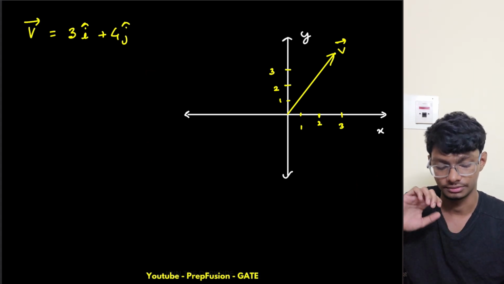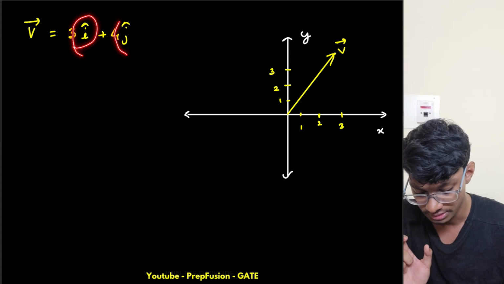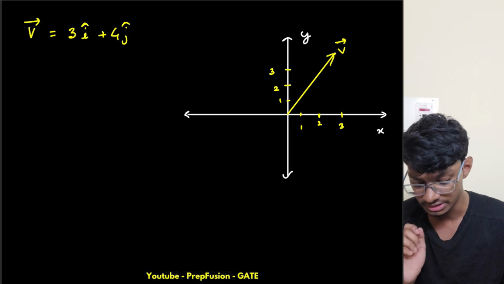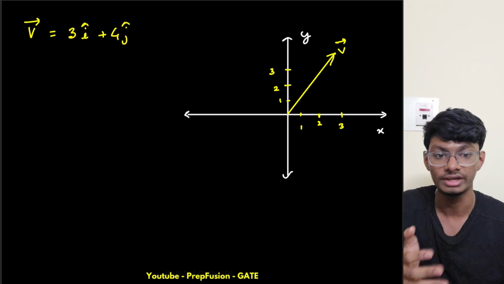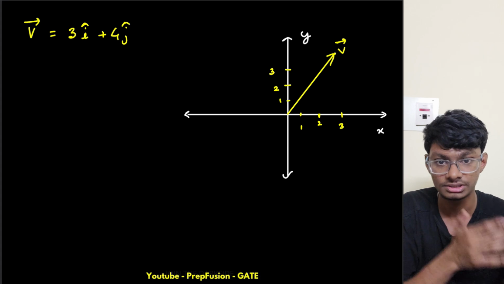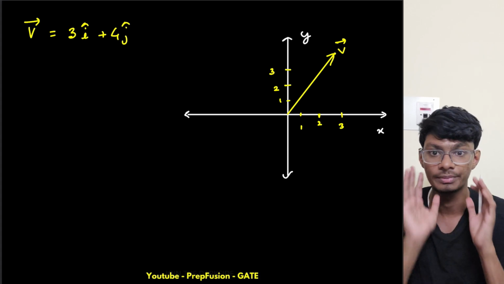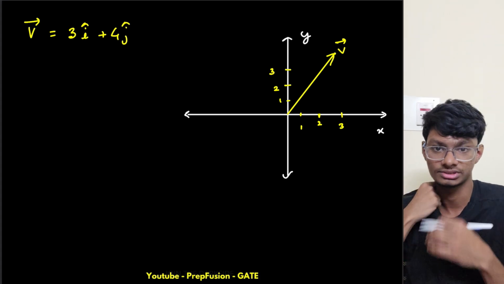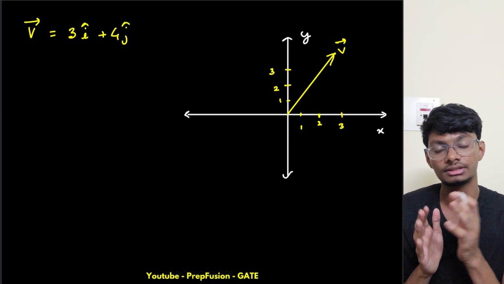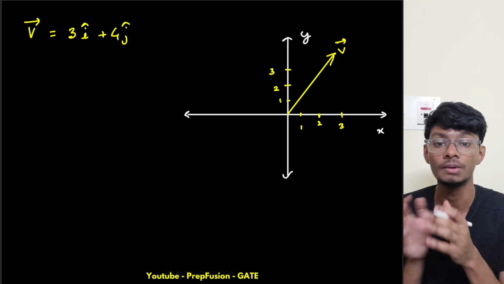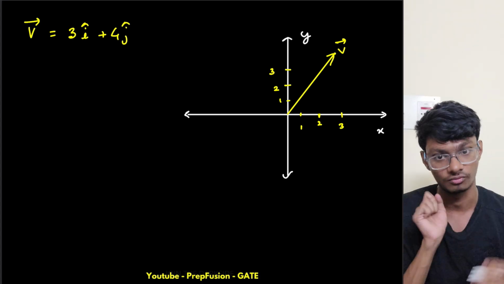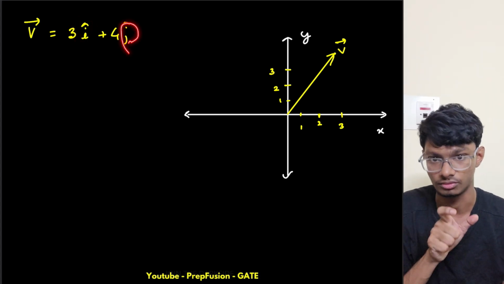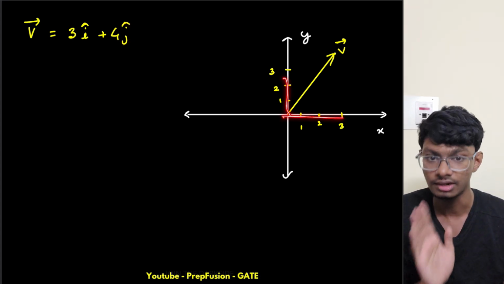Now what are i cap and j cap called? We have been studying this since 11th, right? These are called basis vectors. Why? Because according to this base we are defining other vectors. What are the fundamental properties of basis vectors? You will study more, but I will just give you a brief: they will be orthogonal, or perpendicular, to each other.